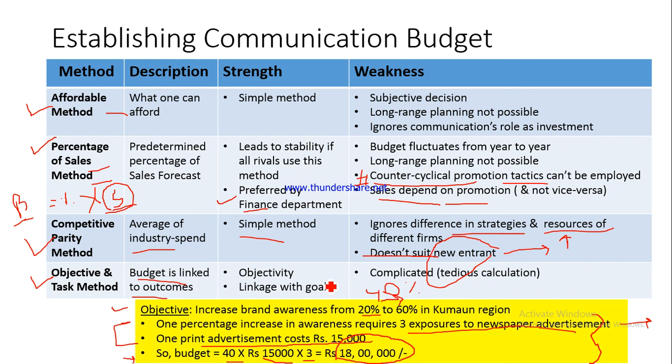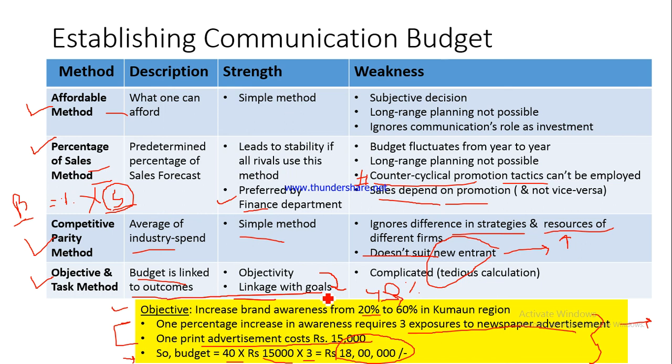So there is objectivity in this particular method, and one very important aspect is that it is linked with your goals. So you know what your goals are, and then you have linked it up with your tasks, and then you have linked it up with your budget, right? So the goals or the objectives are what you start with. So this is one strength of this particular method.